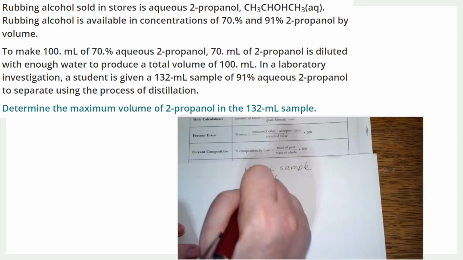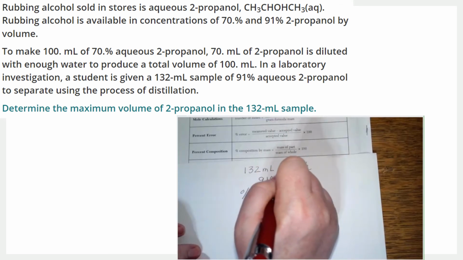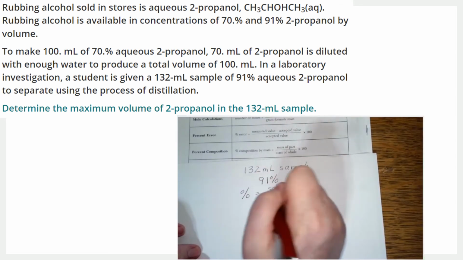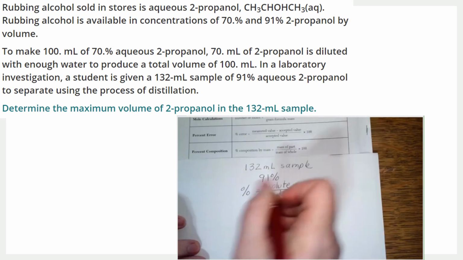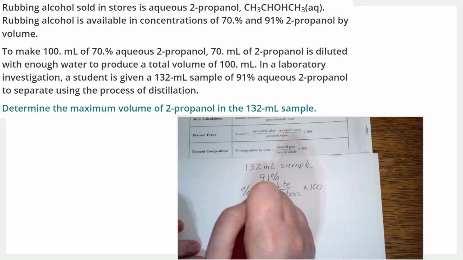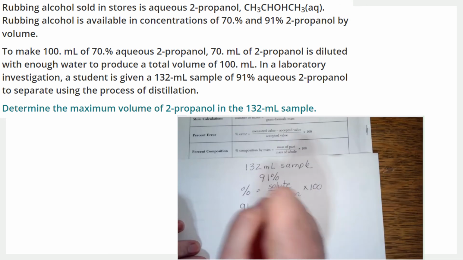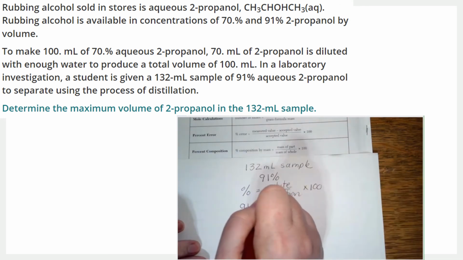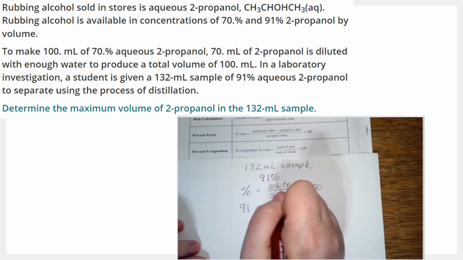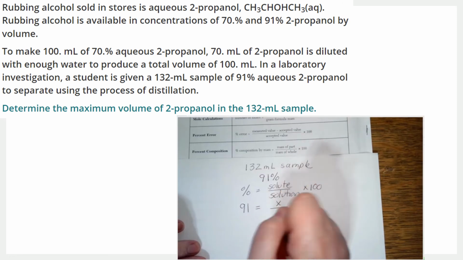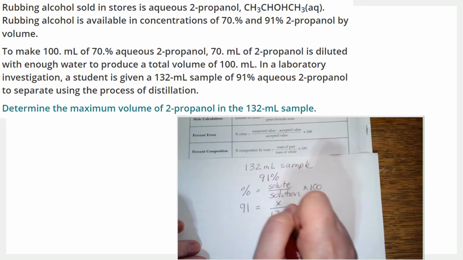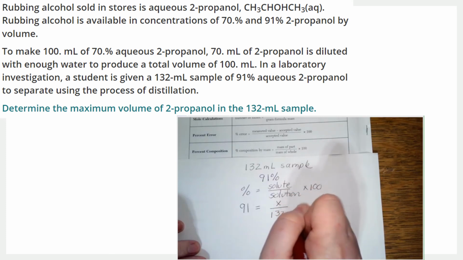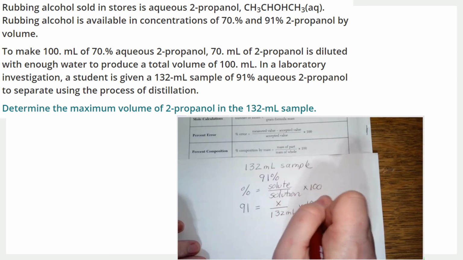So again, to set it up for a solution, solute over solution times 100. I know my percent, 91, equals solute, which is what I'm trying to find, over my solution, 132 milliliters, times 100.